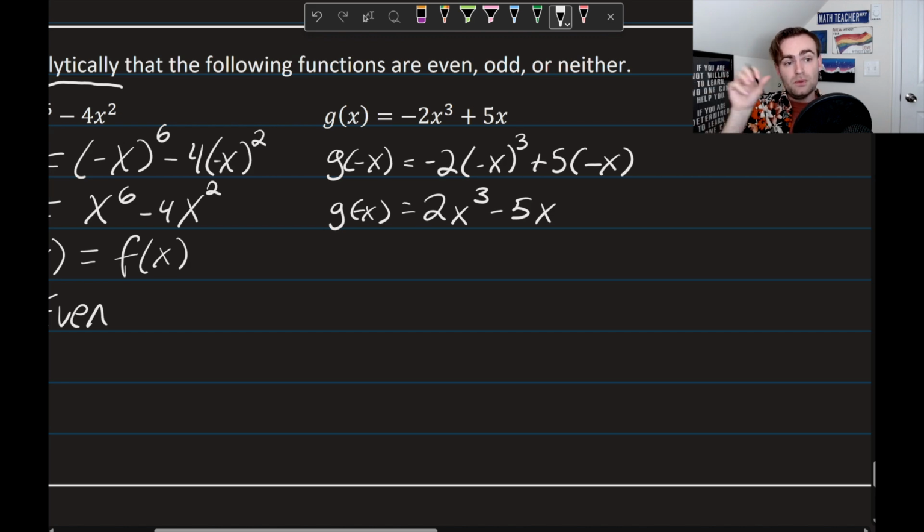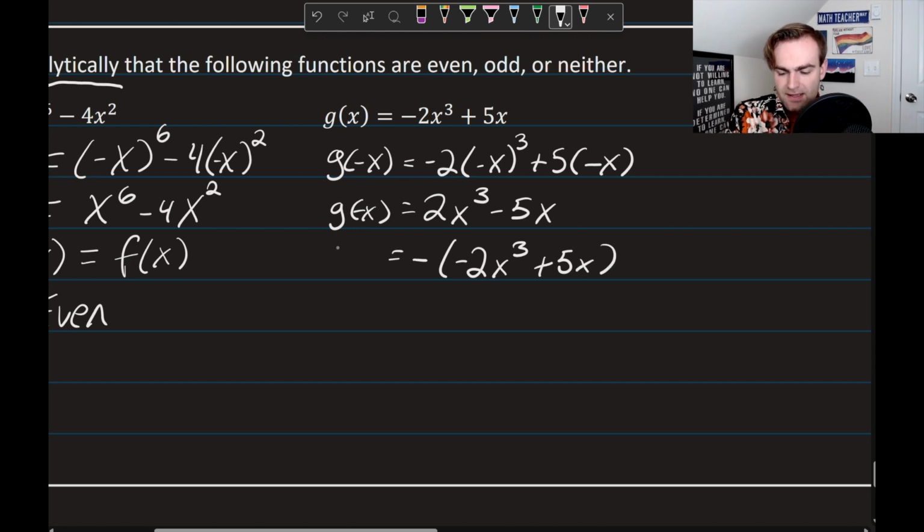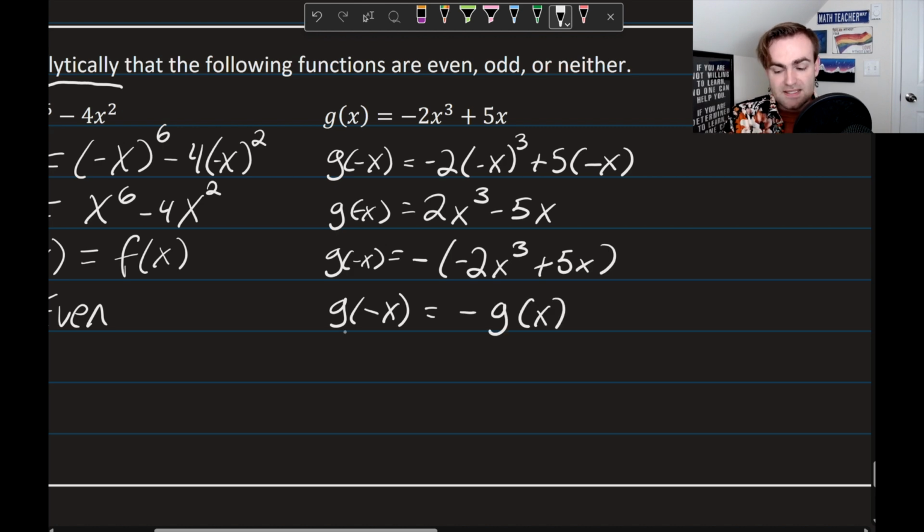If I pull out a negative here, then everything would change signs. Does that now look familiar? Again, it should. It is exactly what g is. So g of negative x is equal to negative, and this whole thing here substitutes to be g of x. So g of negative x is equal to negative g of x. This function is odd.